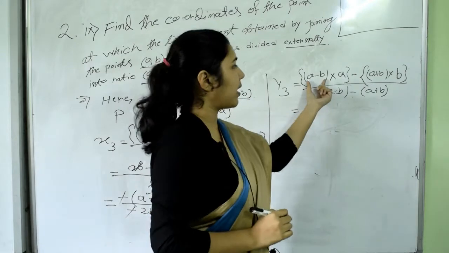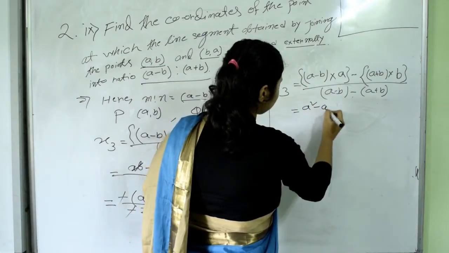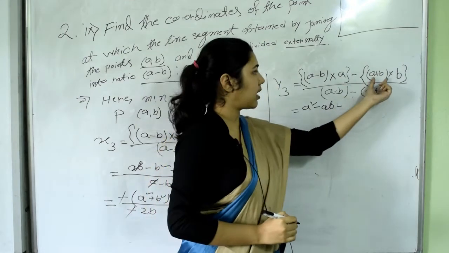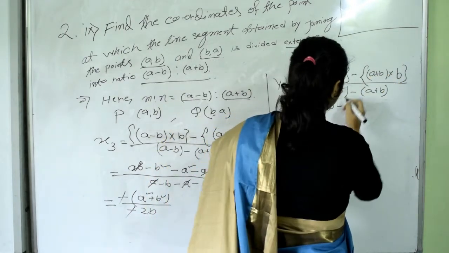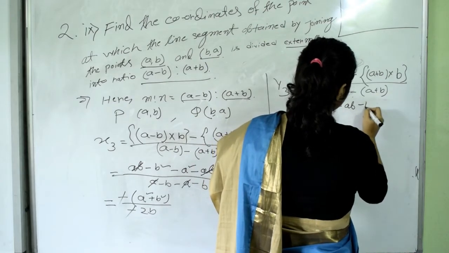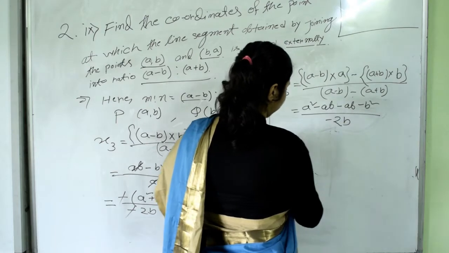Now multiply (a minus b) by a. We get a square minus ab, minus again multiply b with (a plus b), so minus ab minus b square, by minus 2b.